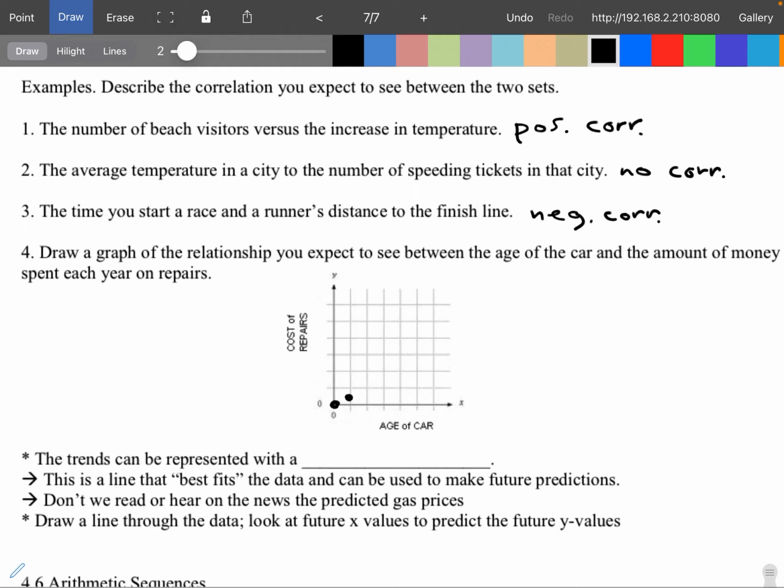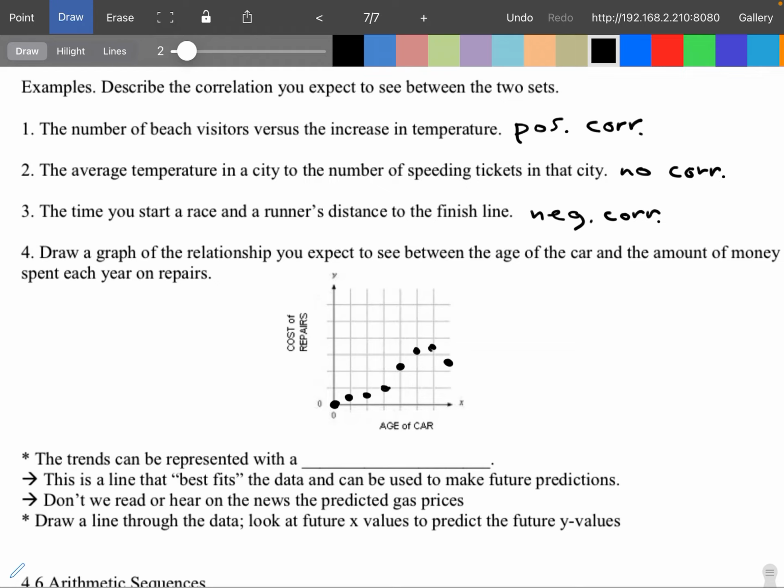So we're just going to make up a scatter plot here. I'm not going to scale these axes and get real specific, but we'll just draw one. In the beginning, the cost of the repairs would almost be zero, because it'd be brand new. At zero time, you wouldn't have any repairs.